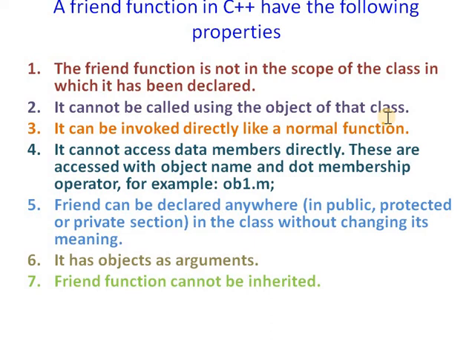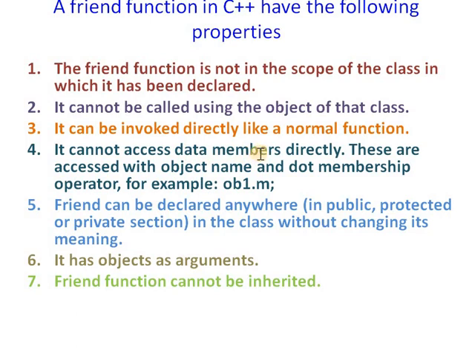The friend function can be called directly. It can be invoked directly like a normal function. As I told earlier, the friend function can be called directly without using the objects of that particular class.